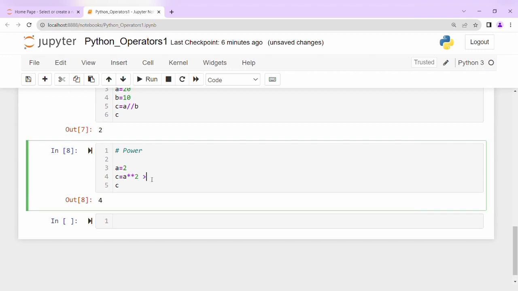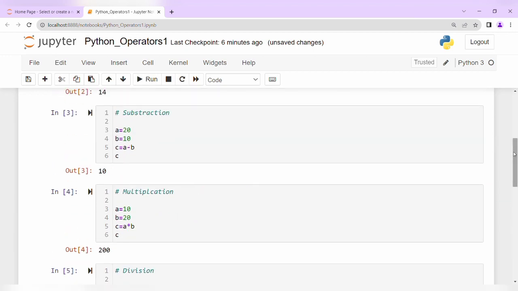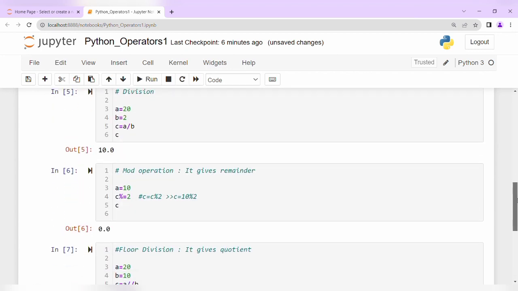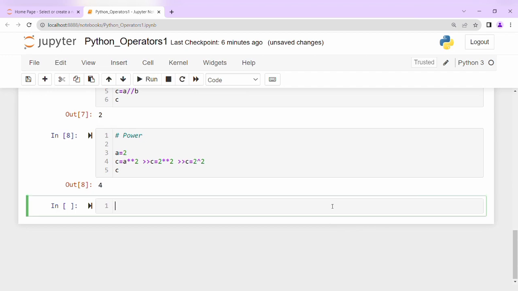So A star star 2 is nothing but A raised to 2, or you can write like C is equal to 2 raised to 2. So it gives 4. So in this way we learn about arithmetic operators.